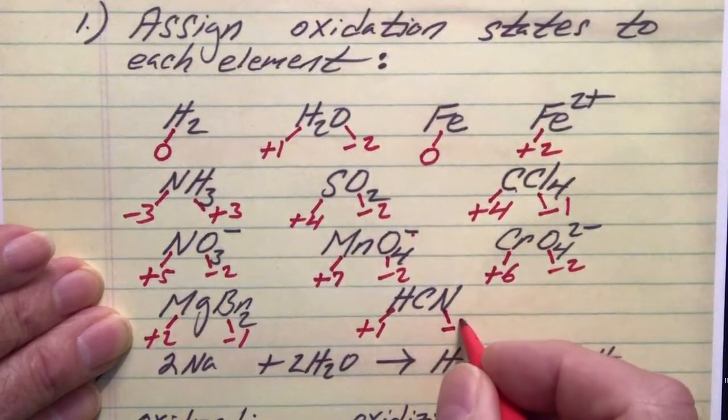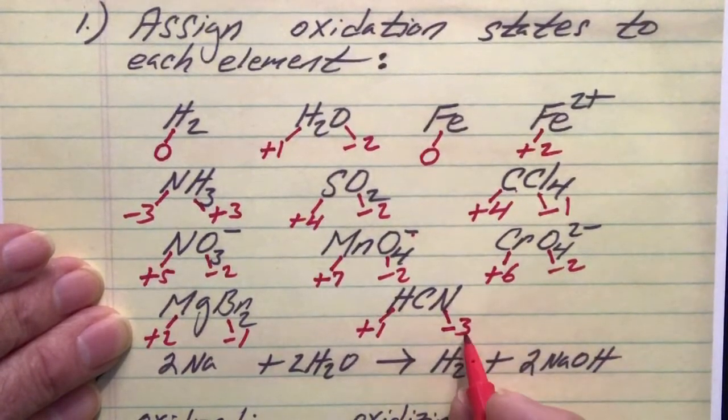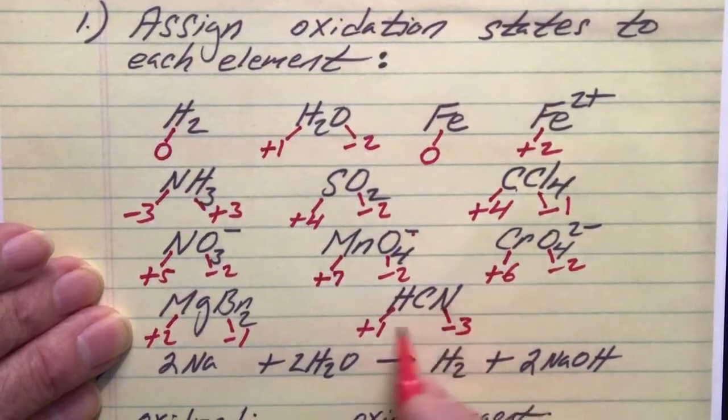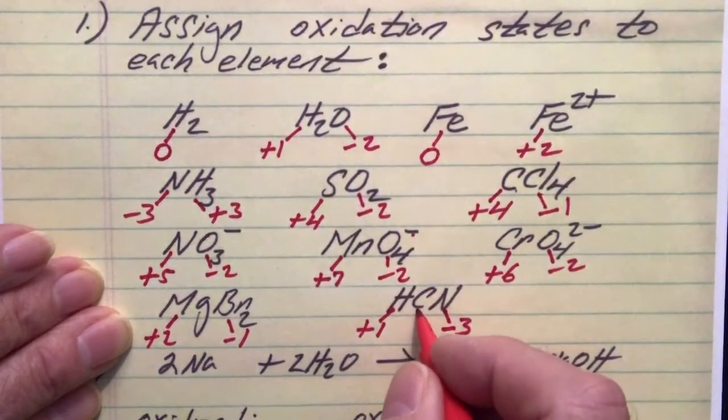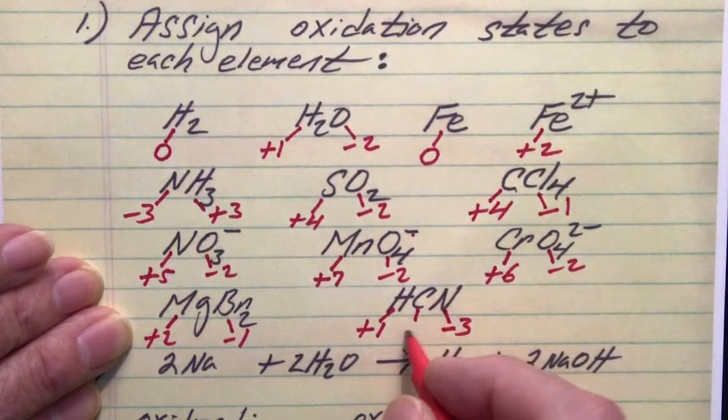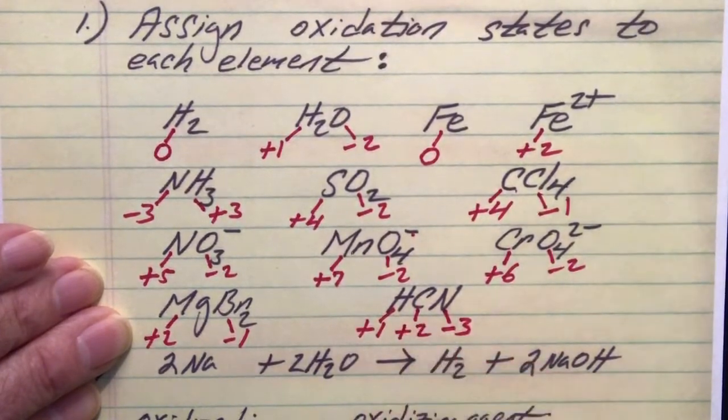So its oxidation state would be a -3. So we can deduce what carbon's oxidation state is by seeing what it would have to be so that when we add up all the oxidation states, it equals 0. So it must be a +2. So +3, -3 equals 0.